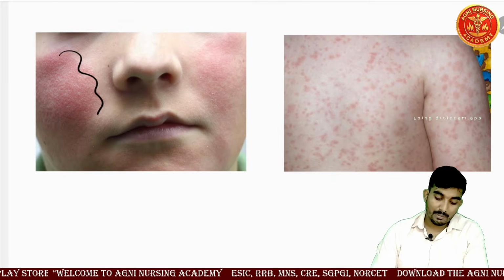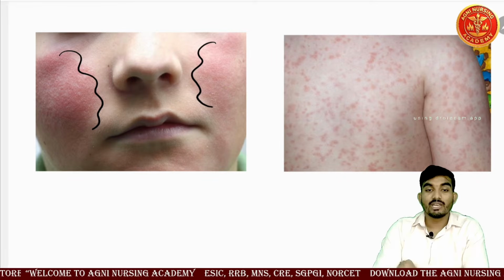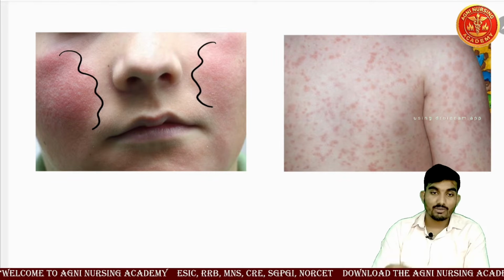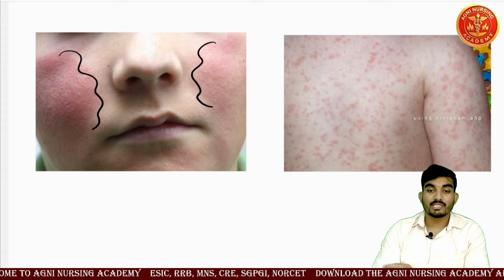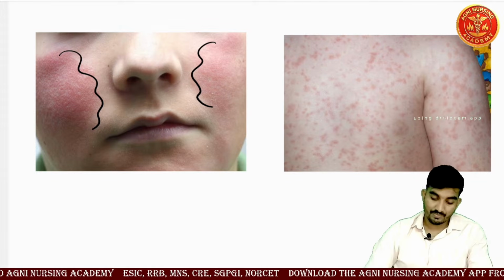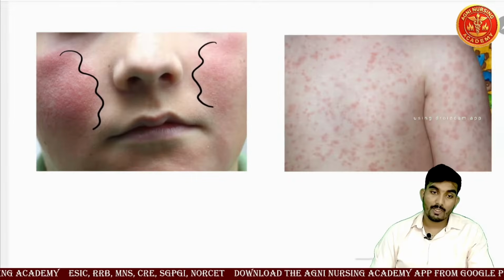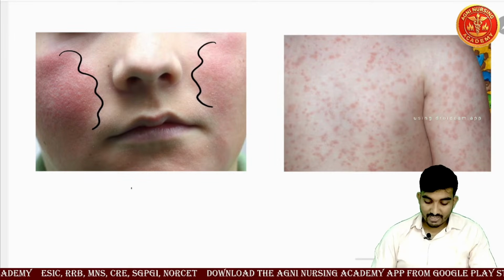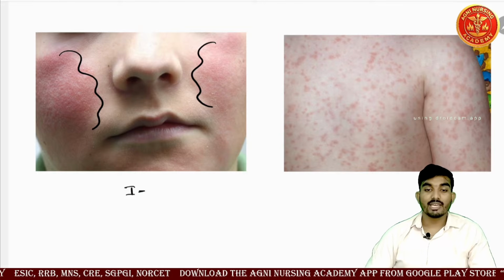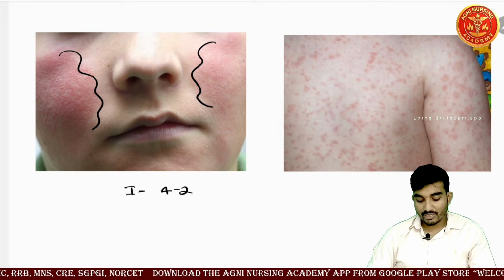We can see this appearance in erythema infectiosum, which is also called fifth disease. The incubation period of erythema infectiosum is 4 to 28 days.